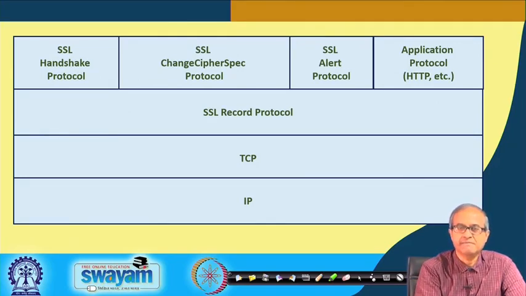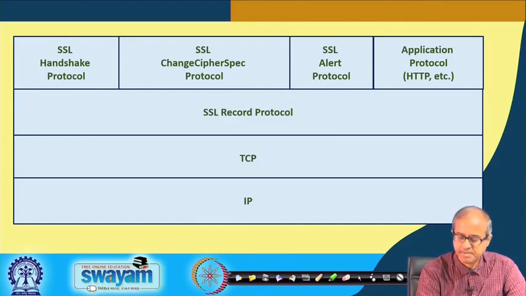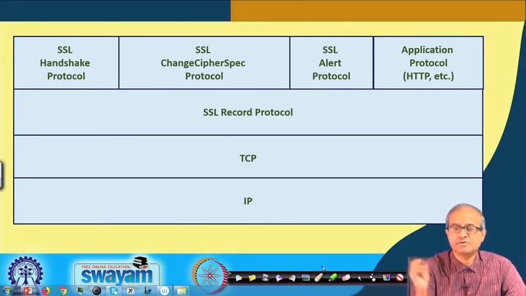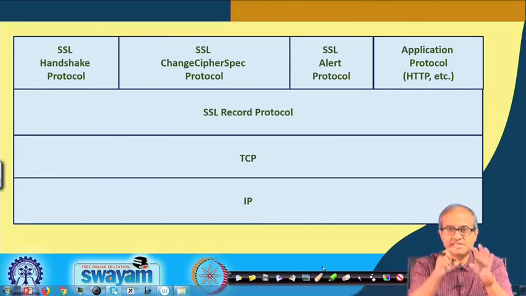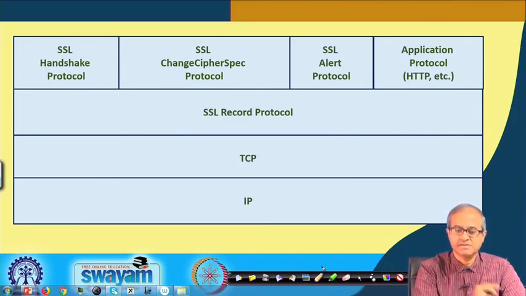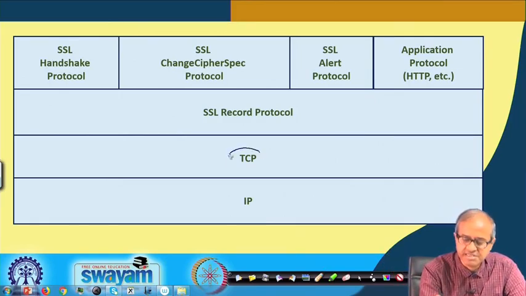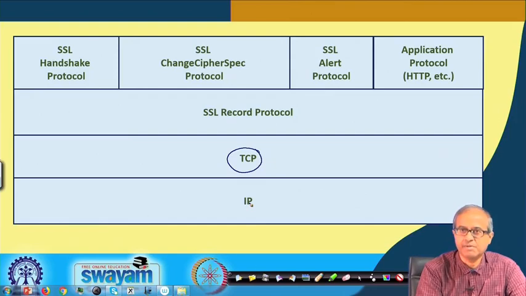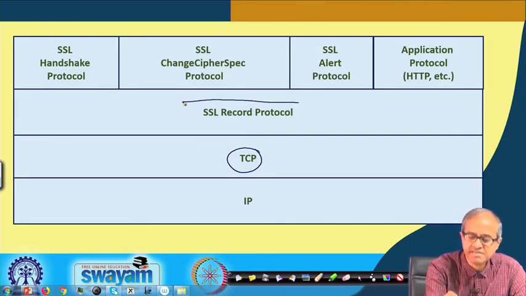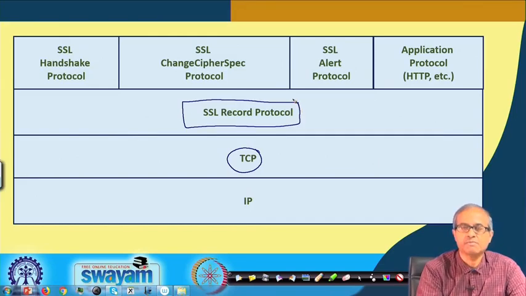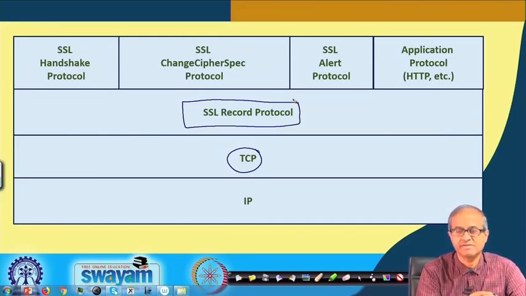So, pictorially speaking, the layers are created like this. Earlier I had shown SSL as a single layer above TCP, but you see here is TCP, which of course is sitting above IP, and right above TCP you have first the SSL record protocol, which is responsible for all the encryption and other security provisions.